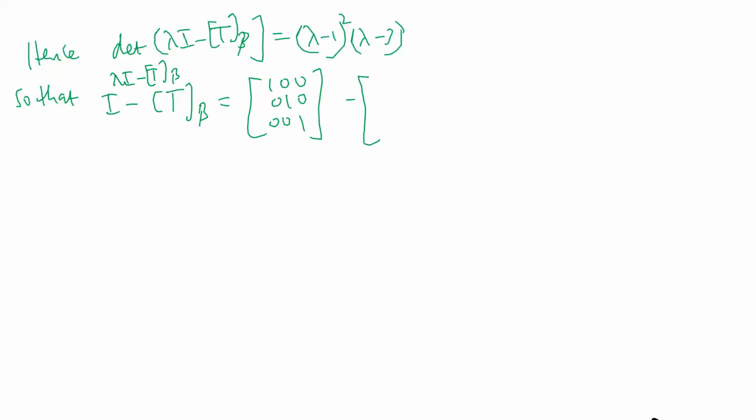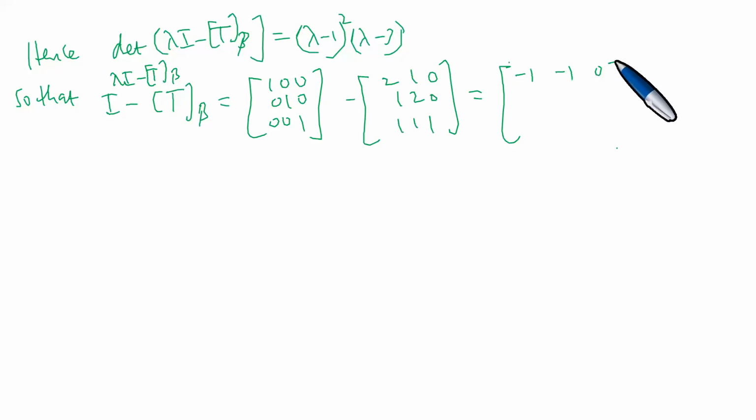Now, what is T sub B? T sub B is the matrix we got, which was 2, 1, 0, 1, 2, 0, 1, 1, 1. So you subtract this. If you subtract this, you have 1 minus 2. What is 1 minus 2? It is minus 1.